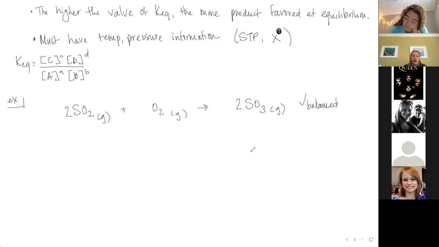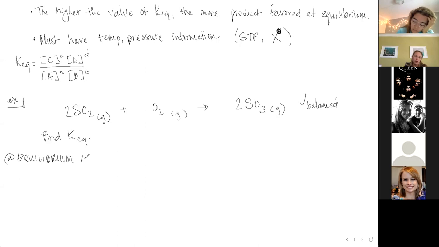All right, so we have this reaction, sulfur dioxide reacting with oxygen, forming sulfur trioxide, and we want to find KEQ. That's our goal, at equilibrium and STP.